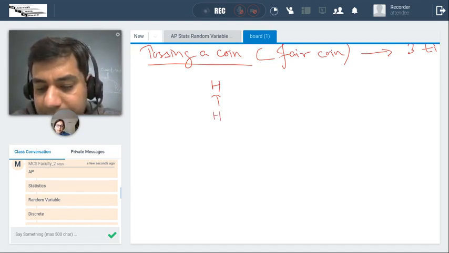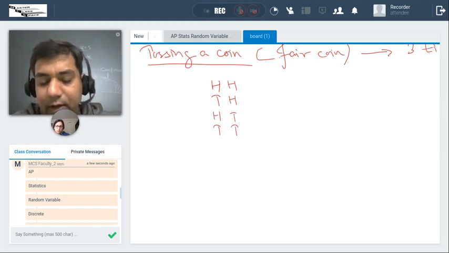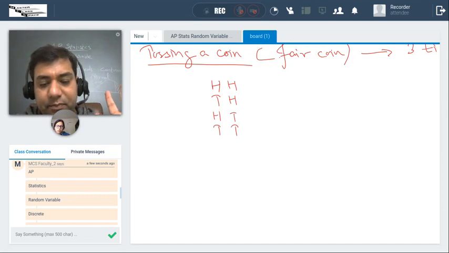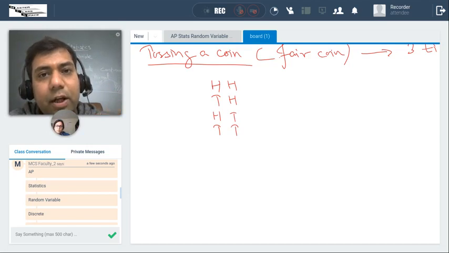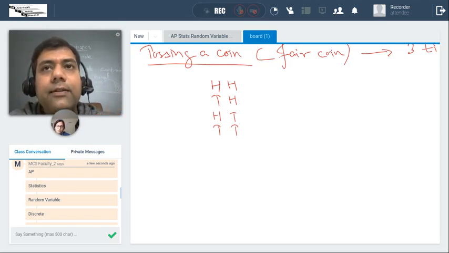Here you will write H and T. For the first two you will write HH, and for the second half you will write TT. Got it? When you are tossing a coin two times. When you are tossing a coin three times, you can have TTT, HHH, HTH, THH, THT.